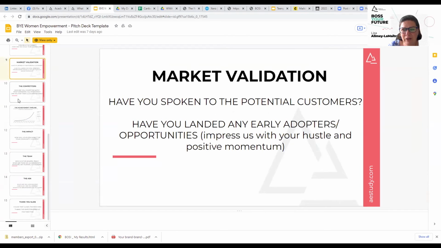So I've been part of another program here in Canberra. I'm based in Australia's capital, Canberra, for most of you who are overseas. We have an organisation here that does quite a lot of startup and entrepreneurial training, and I've done a few programs with them over the years. They are always impressed with the team that's gone out and spoken to 100 or 500 potential customers. I think that is what this slide reflects: that hustle and positive momentum.